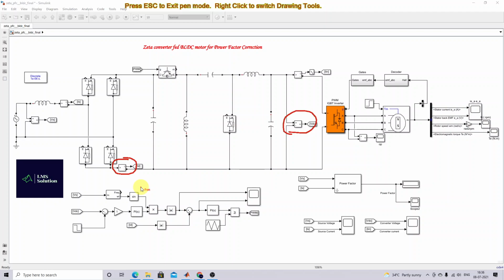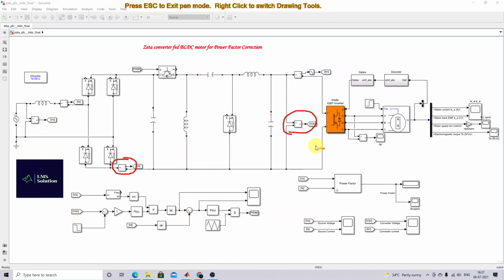We control the diode rectifier current in order to make the source current sinusoidal. So the outer loop is used to control the theta converter output voltage, and the inner loop is used to control the current of the diode rectifier in order to make the source current sinusoidal.